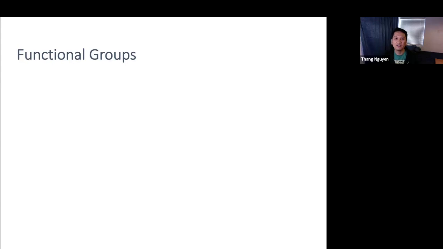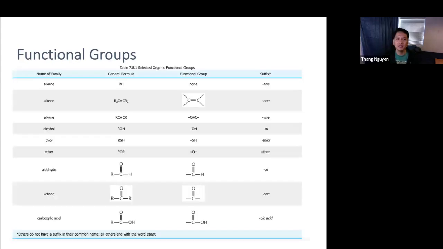So we call these functional groups. In your textbook, it lists out most of the functional groups, not all of them, and how they're named. For example, alkane is not a functional group, so we skip that. We actually talked about alkene and alkyne already, and how they are named. So those are also functional groups.